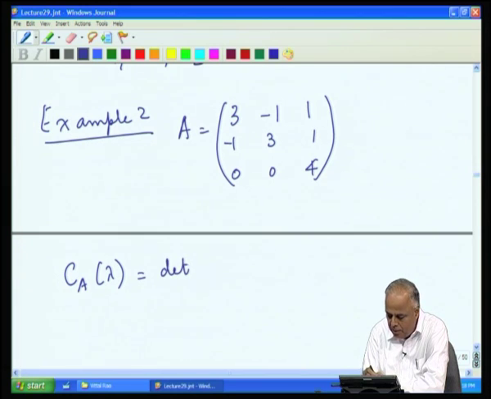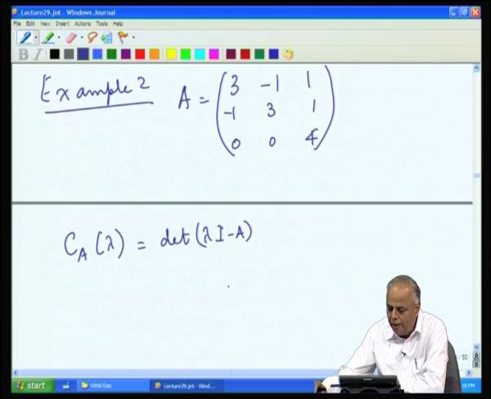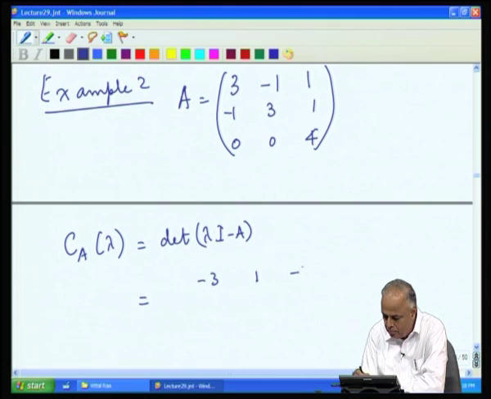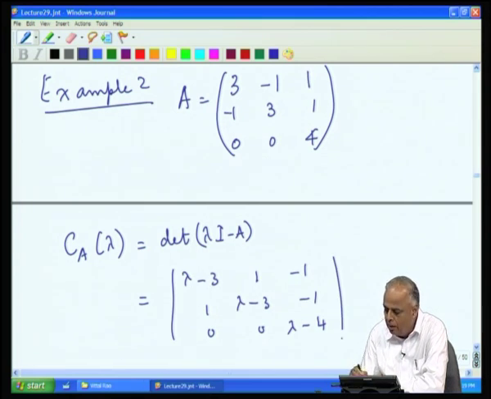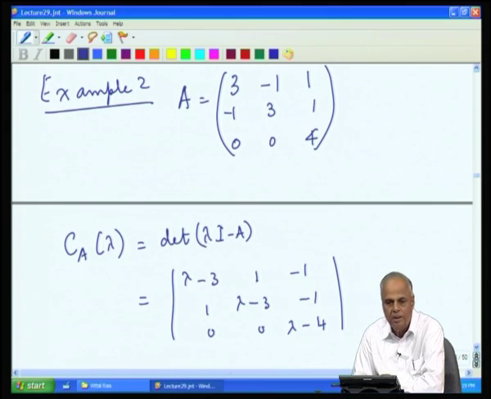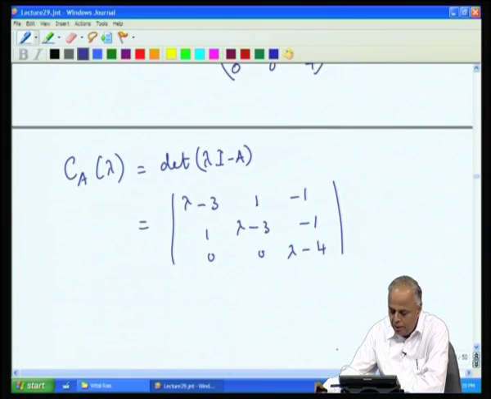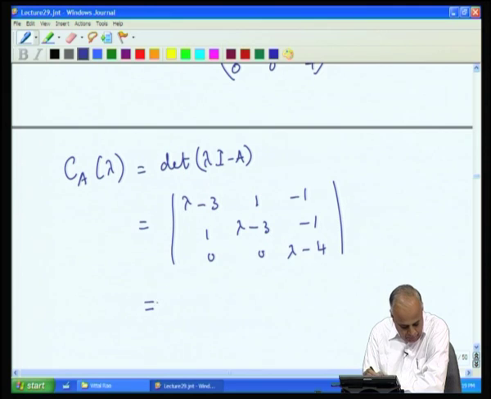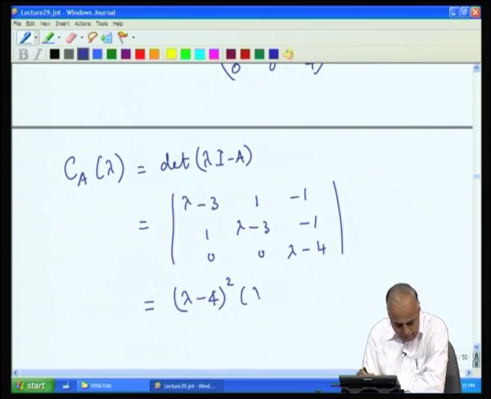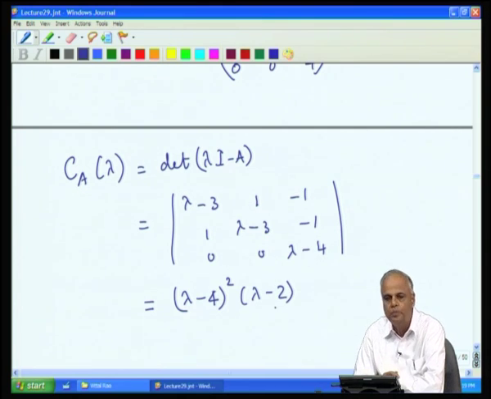That is the determinant of lambda I minus A. Now, to write lambda I minus A, I have to negate A and then stick a lambda along the diagonal. If we expand this determinant, it turns out to be lambda minus 4 whole squared into lambda minus 2.